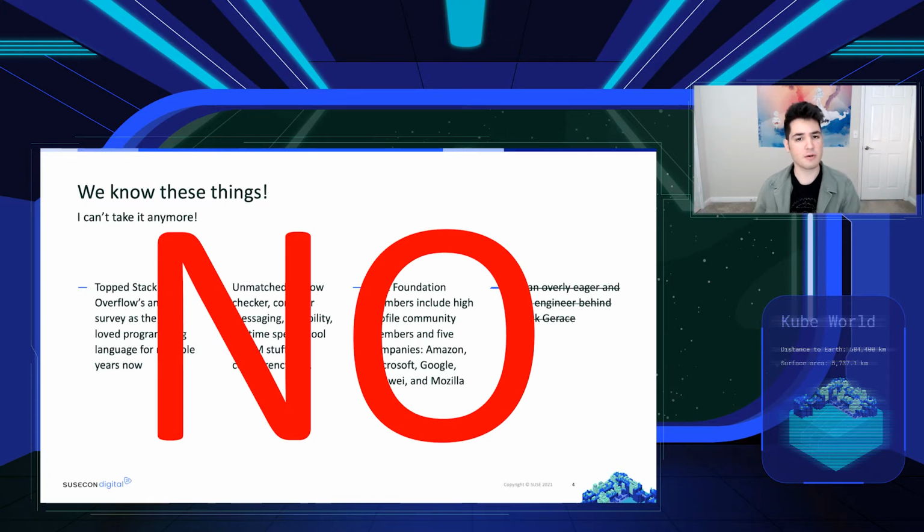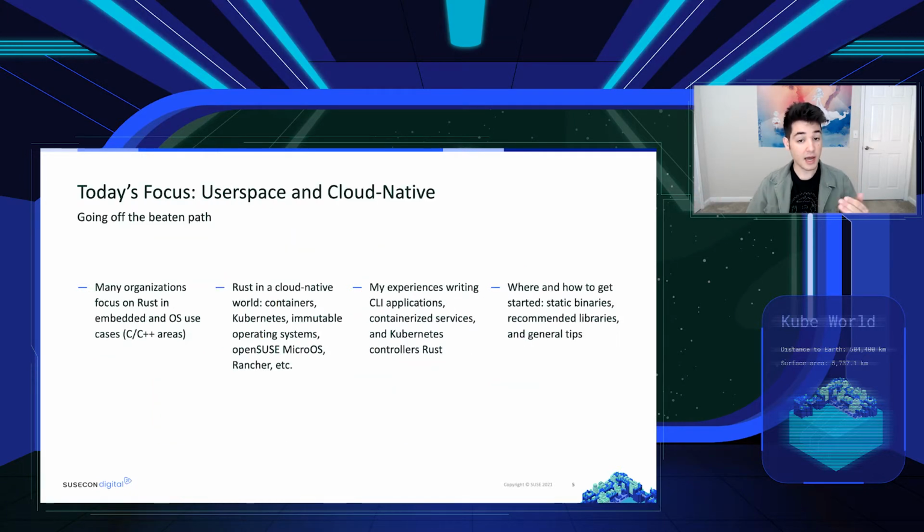We're going to go over some of Rust's strengths, but not really focus on it over everything, just for the cloud native use case. So today we're going a bit off the beaten path, actually. We're going to be focusing on the fact that many organizations choose Rust for embedded and OS use cases, specifically where C and C++ has previously thrived.